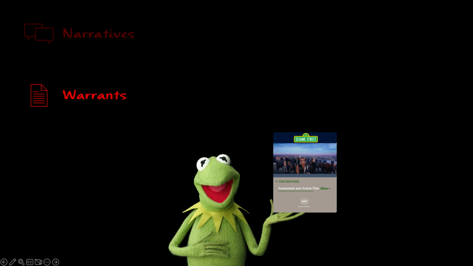They produce the policy at some level, right? And this is, again, what we would typically think about when we think about policy, these kinds of documents. And it is a really critical point because it's an emergence from that narrative of a kind of solution, right? Here's what we think the solution is to this problem as it's been articulated in a particular way.